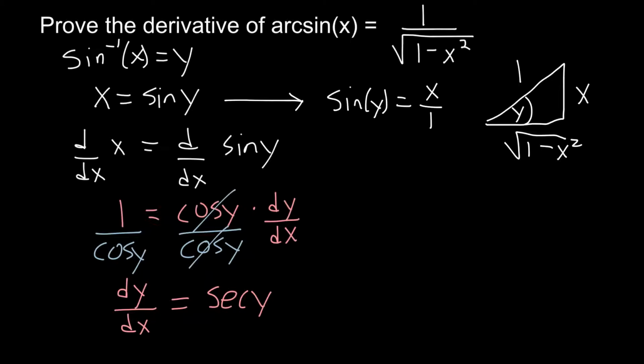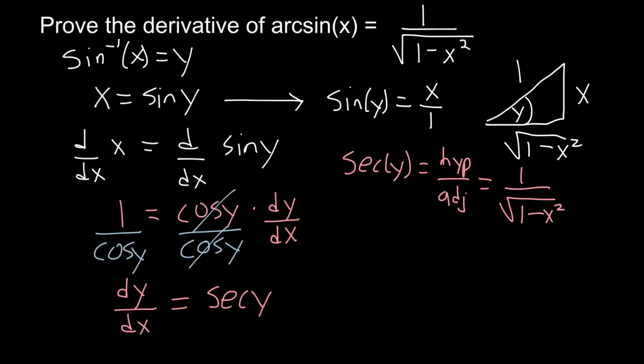Now, using this triangle, we can very easily see that secant of y, which is 1 over cos y, which means it will be hypotenuse over adjacent. Secant y will actually be equal to 1 over the square root of 1 minus x squared.